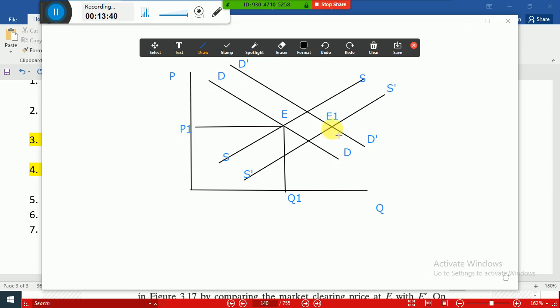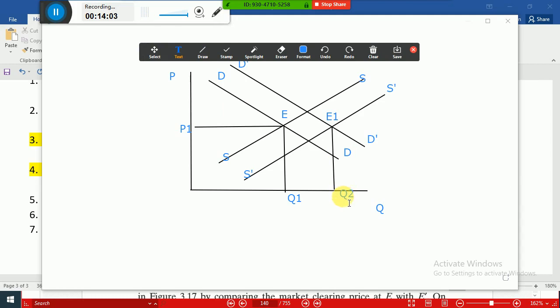To know the impact on equilibrium quantity, we will extend point E1 to the quantity axis. So the new quantity is Q2 here.